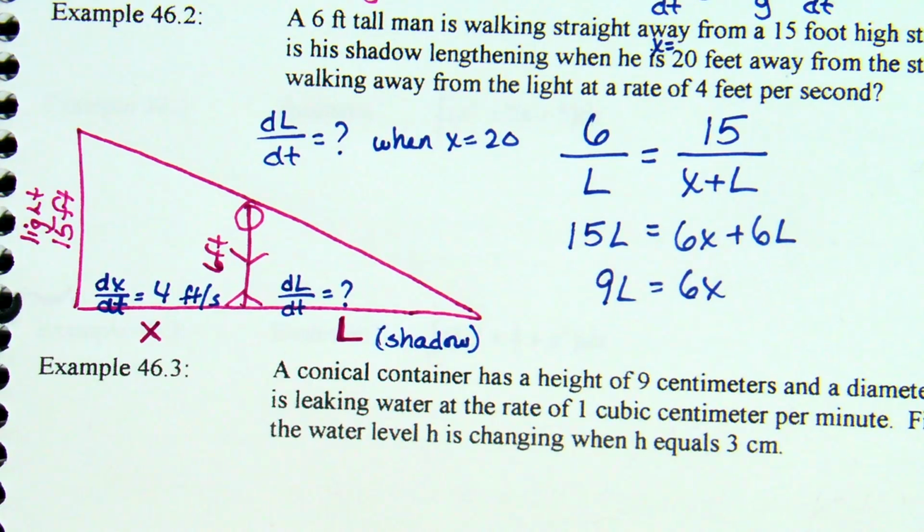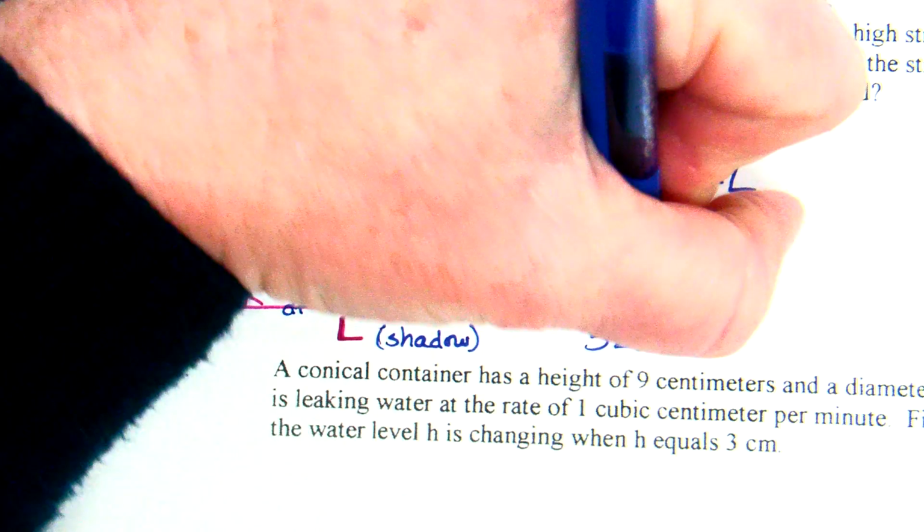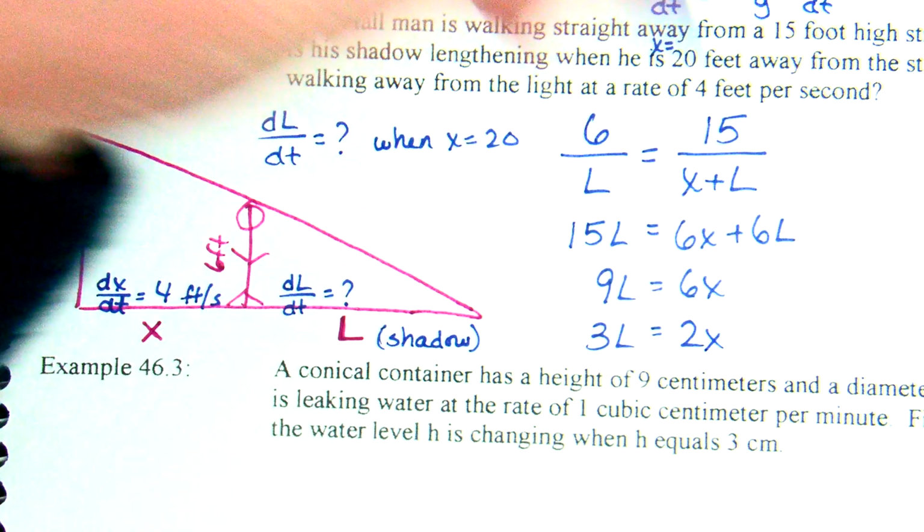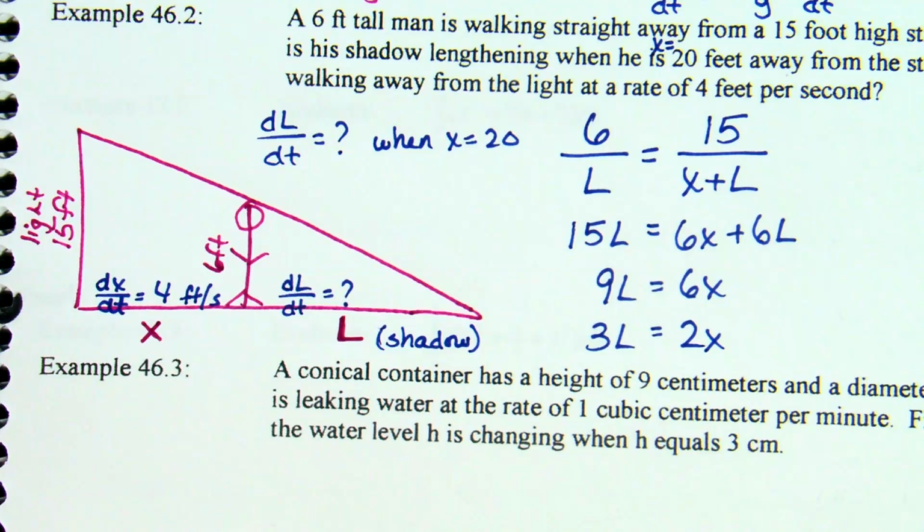If you want smaller numbers, you could divide both sides by 3 and say 3L equals 2x. At some point it will reduce. We can do it now or later.